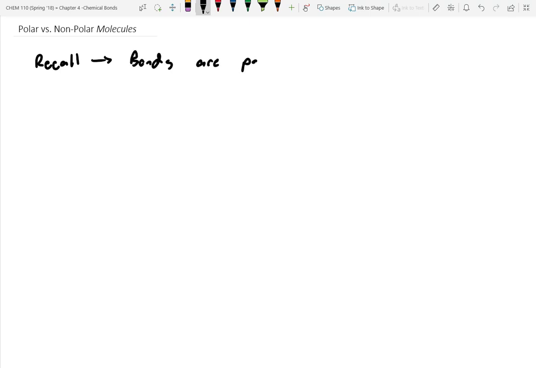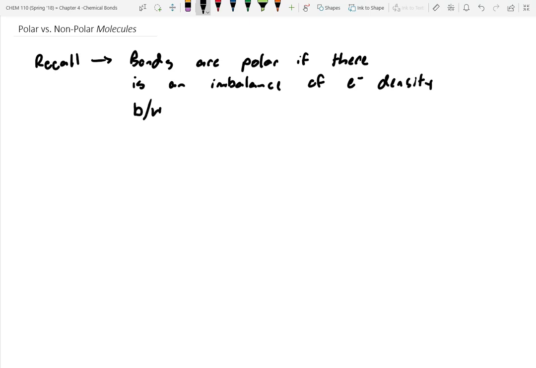Bonds are polar if there is an imbalance in electron density between two atoms. Right, so we just did that with those arrows.